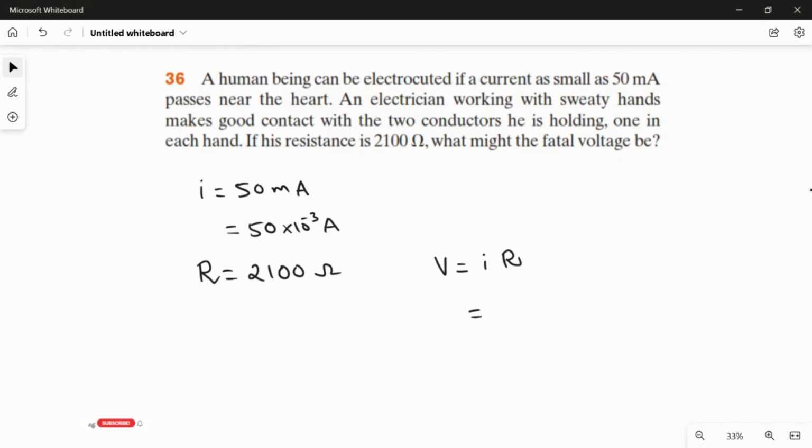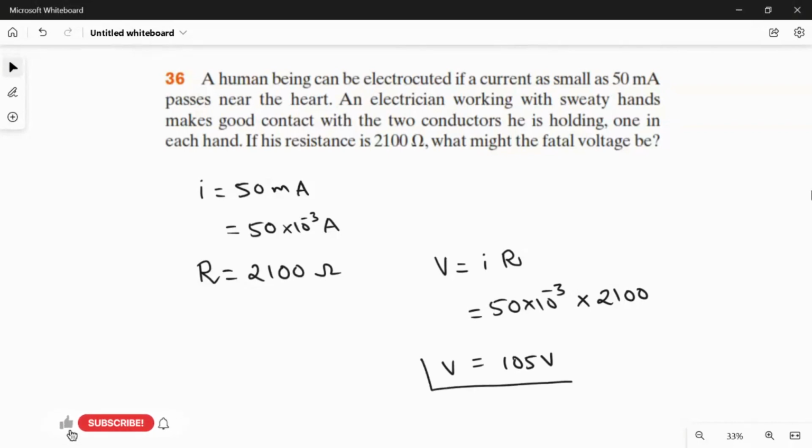So here the current takes the value of 50 multiplied by 10 power minus 3 ampere multiplied with the resistance 2100 ohms. So here I got the answer for the voltage as 105 volt. So this is the answer for this question.